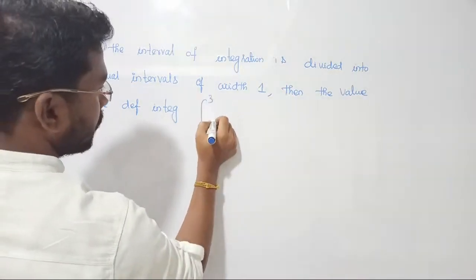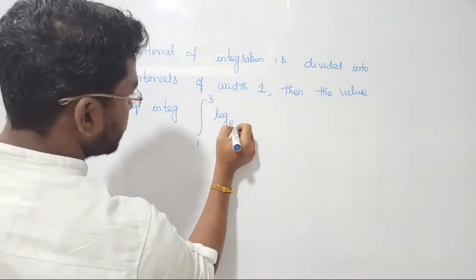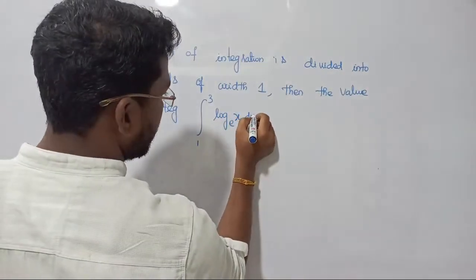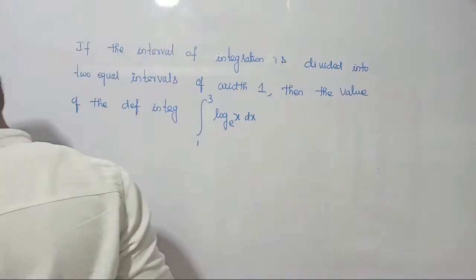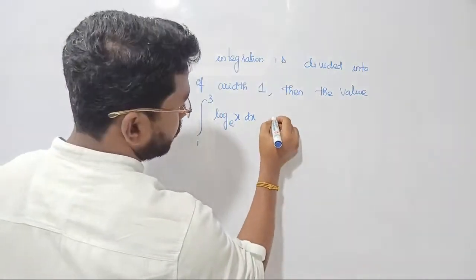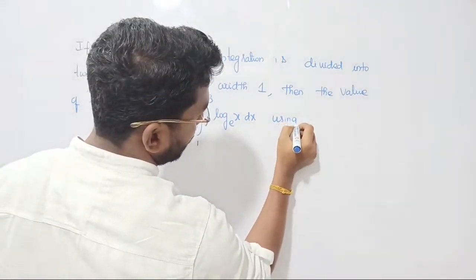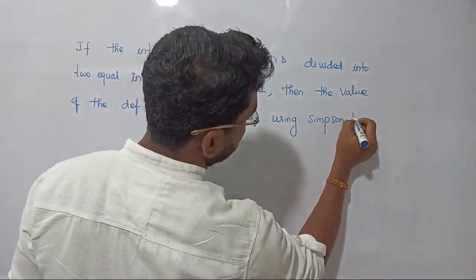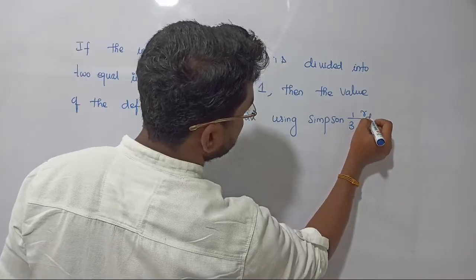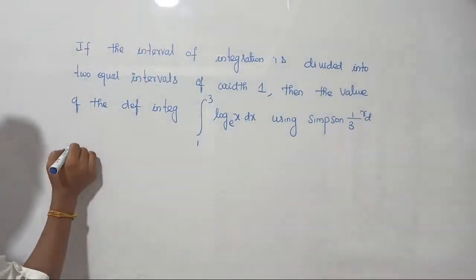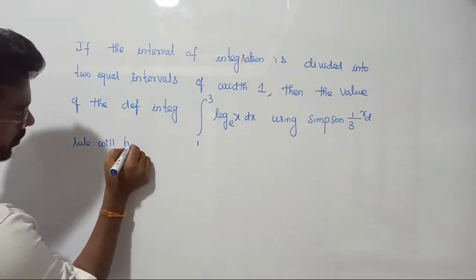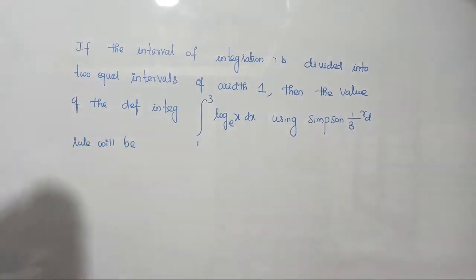of 1 to 3 log base e x dx, using Simpson 1/3 rule will be, right?